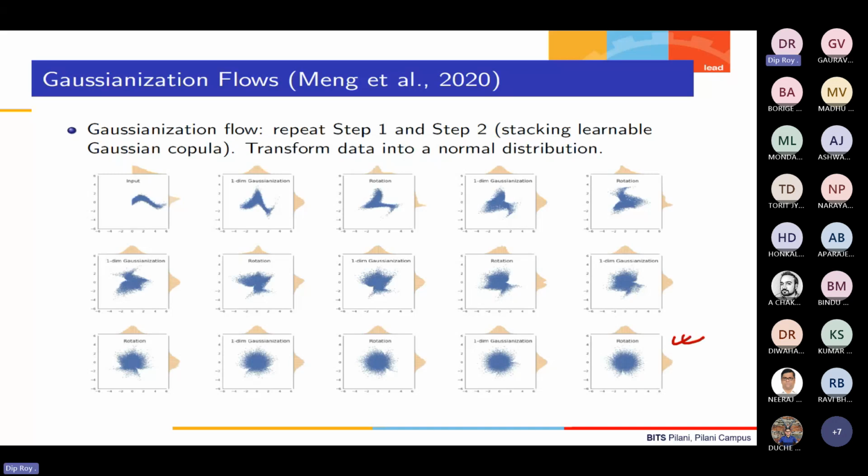You are going to get a multivariate Gaussian, and all these steps are invertible. This is essentially the Gaussianization in Gaussianization flows.